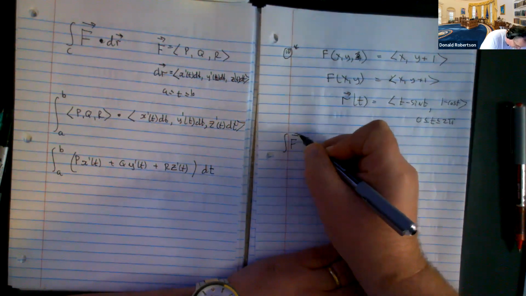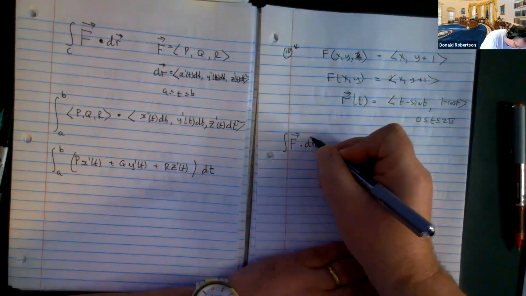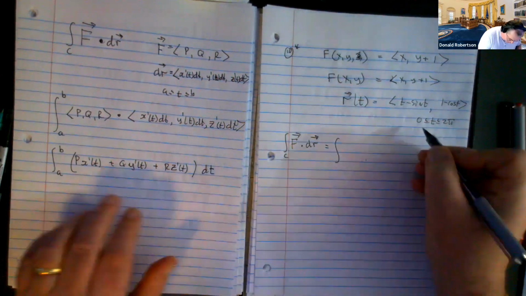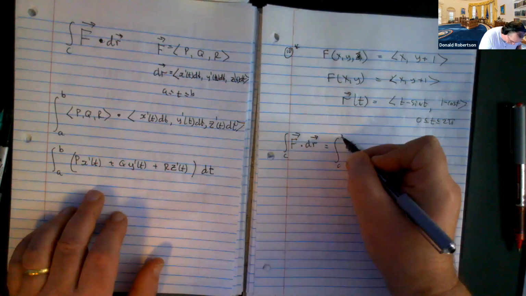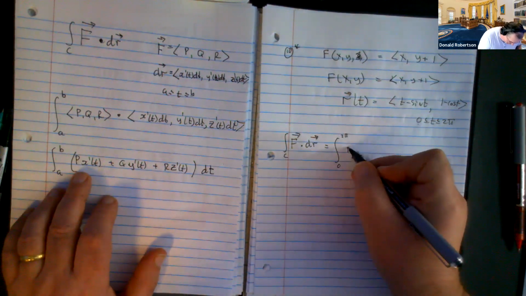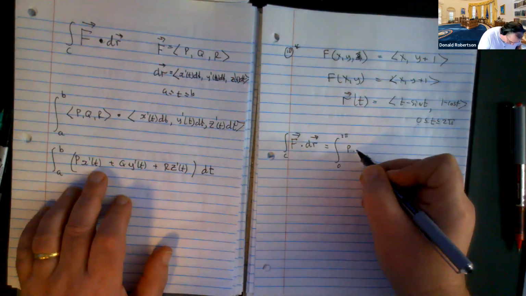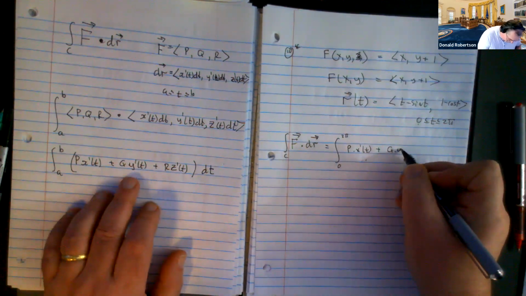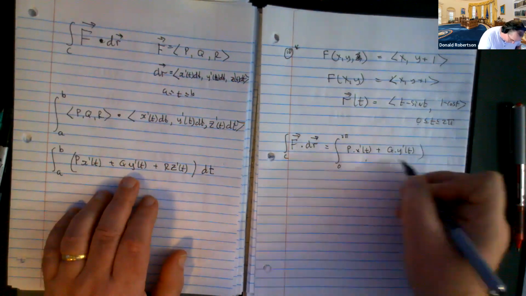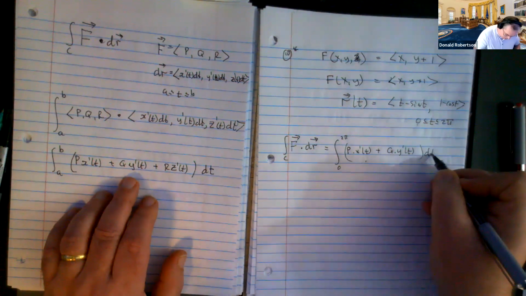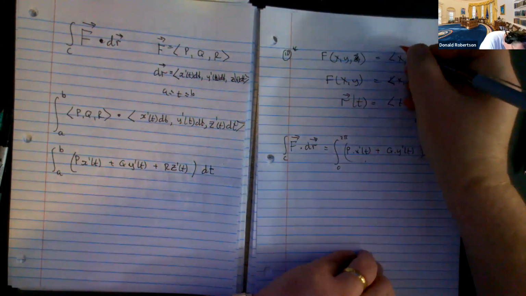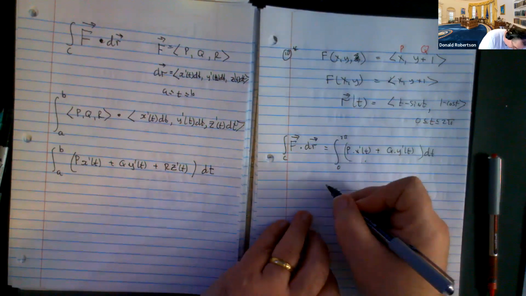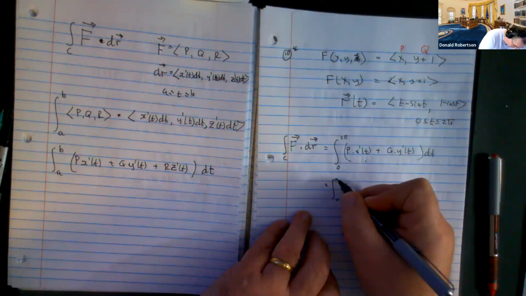So that line integral is going to become the integral from 0 to 2 pi of p times x dashed of t plus q times y dashed of t dt. That guy's p, that guy's q. So it's going to be the integral from 0 to 2 pi.